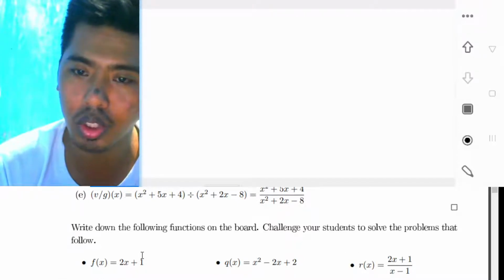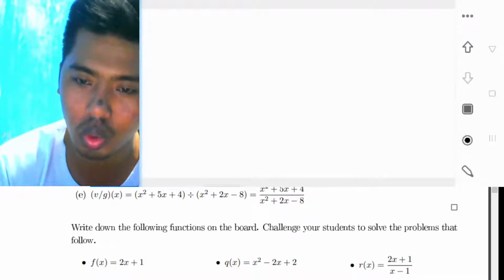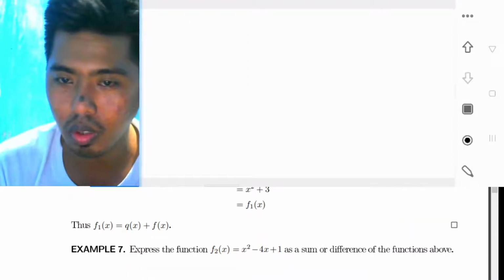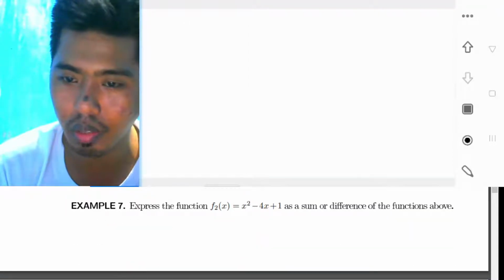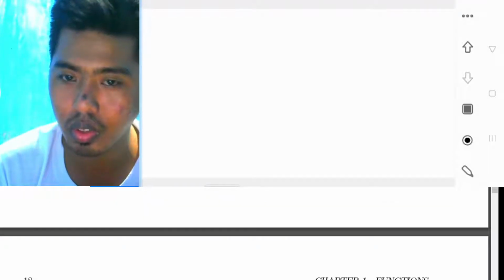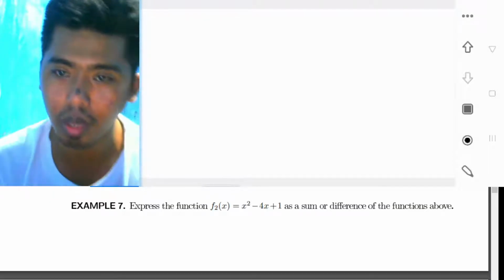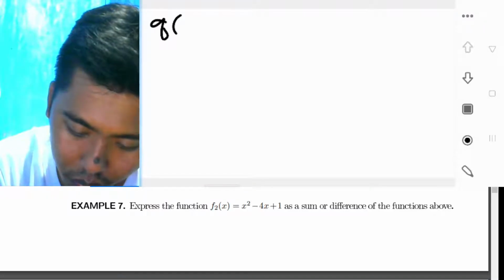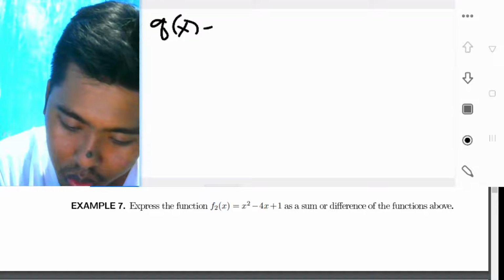You can shuffle these, and q of x plus f of x is already gone because that would be x squared plus 3. Then let's check if the answer would be q of x minus f of x on this particular problem. So q of x minus f of x.